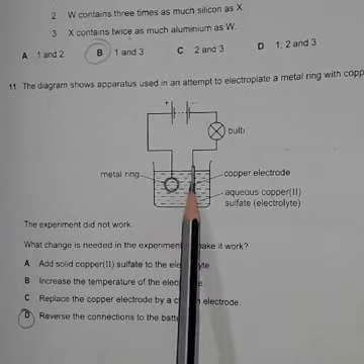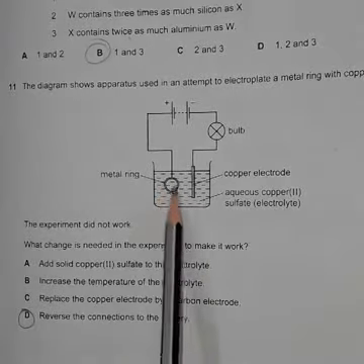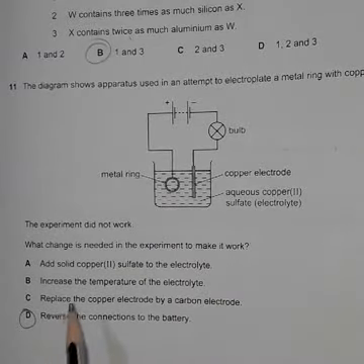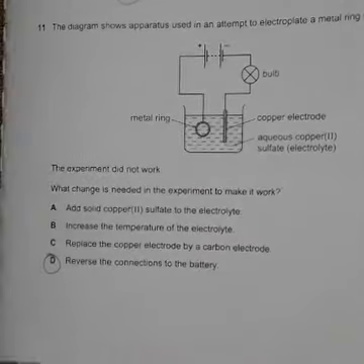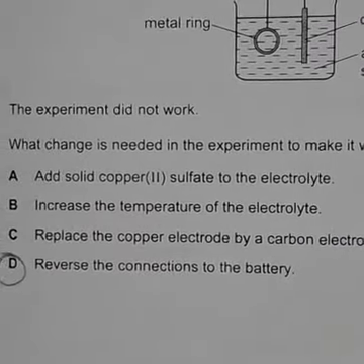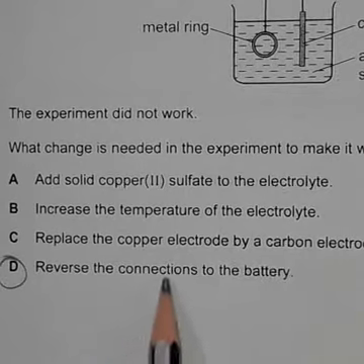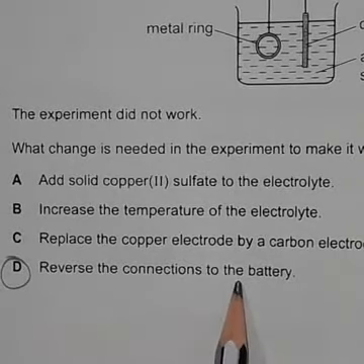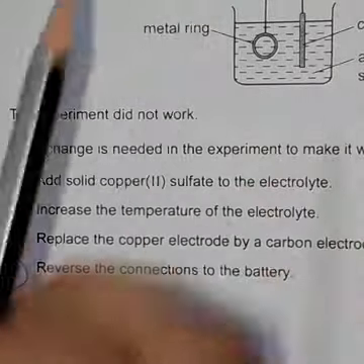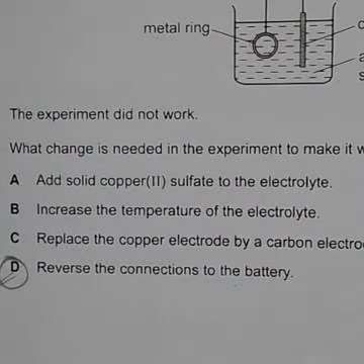This copper should be the anode, the metal ring should be the cathode. So the correct answer here is we have to reverse the connection to the battery. Then only this will work.